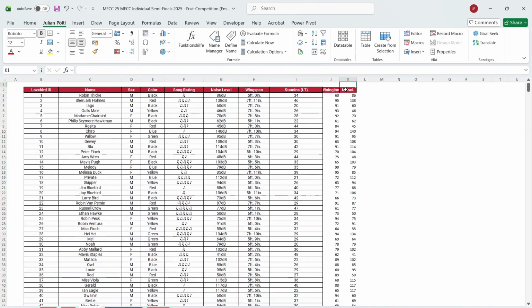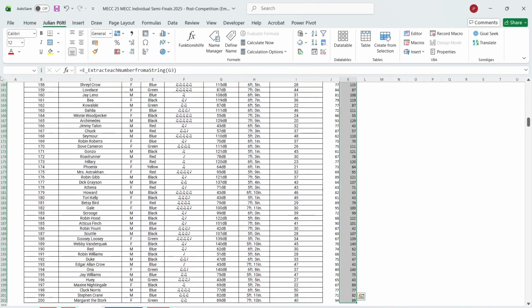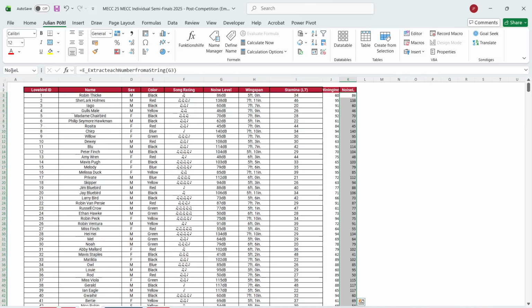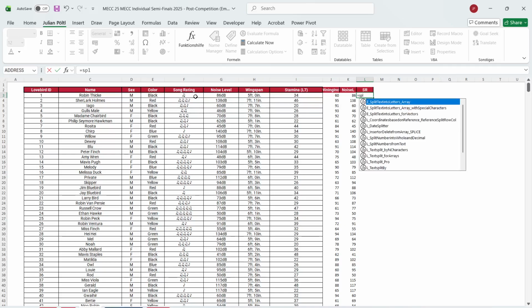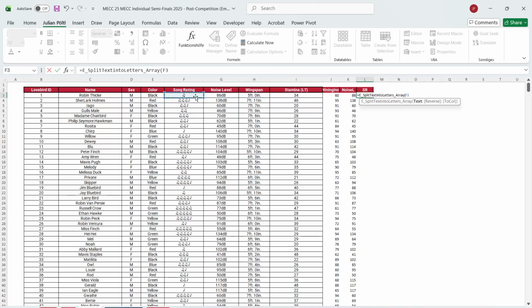And it was good to work again with data, which we do not do that often right now in Excel esports, more like maps and ugly games and stuff. So it was not bad to work with data again. SR. Split text into letters array.